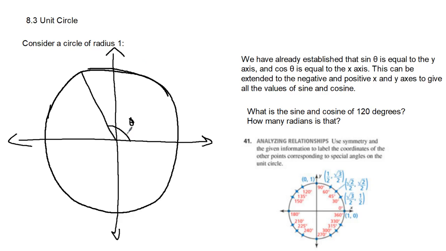The unit circle is basically a representation of sine and cosine on a graph, right? So we have x squared plus y squared is equal to 1.